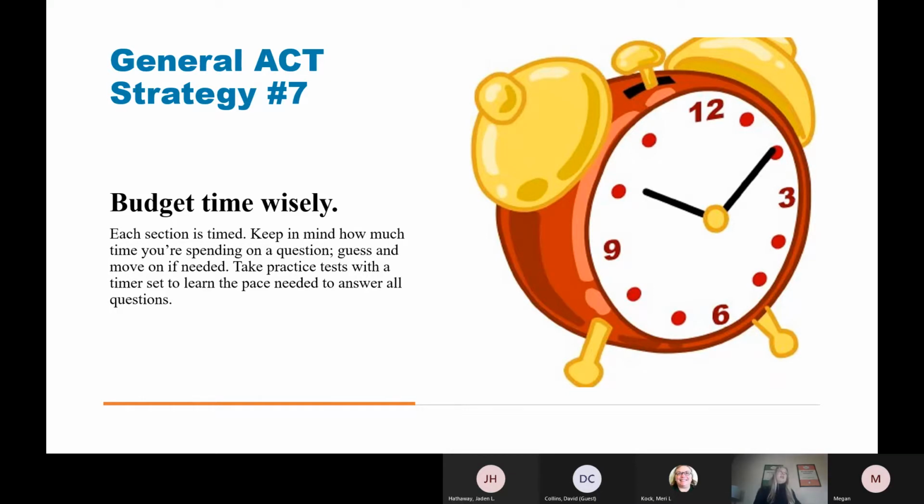It's a good idea to have just a handy old school watch to put on the table so that you can keep up with your time, because people who proctor the ACT, they're only required to give you a minute warning. So you might be working along and think you've got a good pace and then get to like number 50 on the English section and realize you have a minute left and then have to hurry and bubble in. It'd be a good idea to find one of those old school watches.